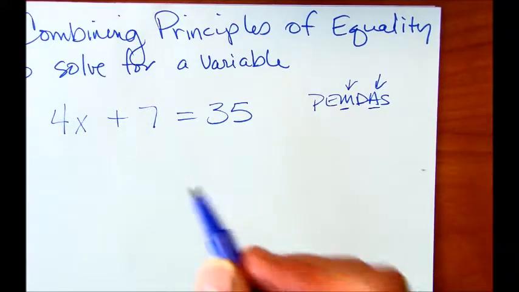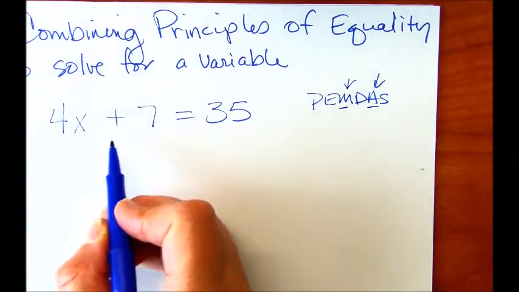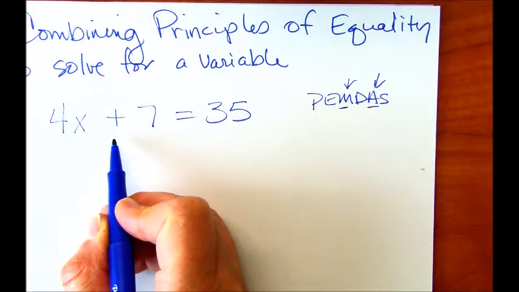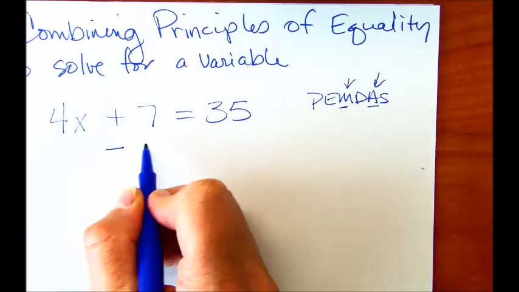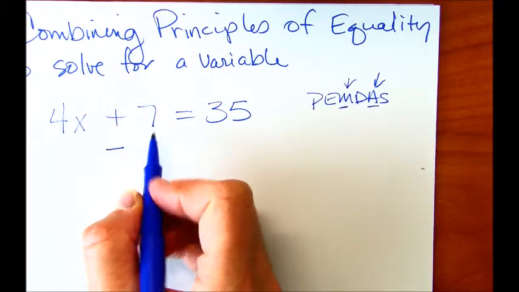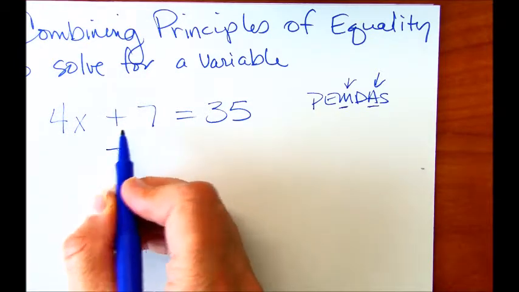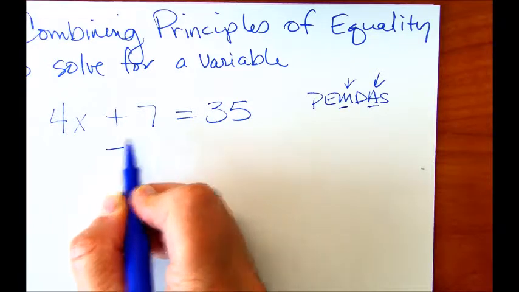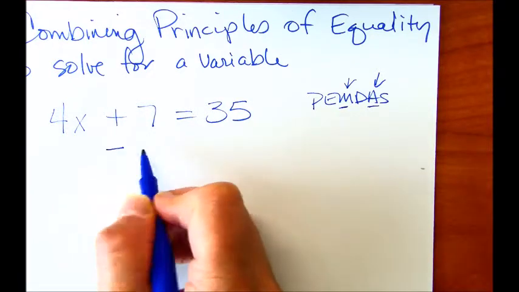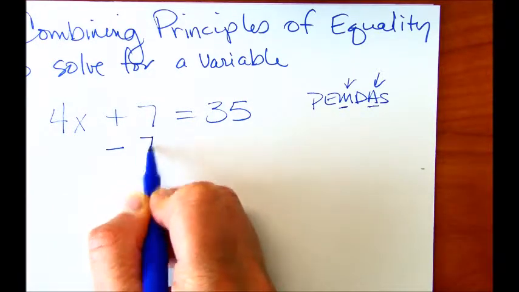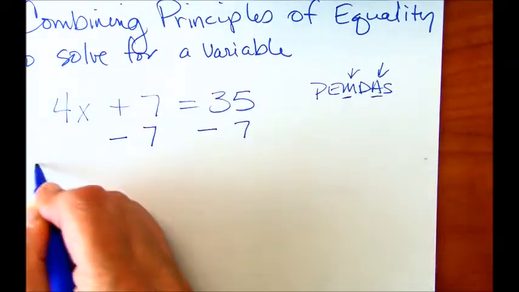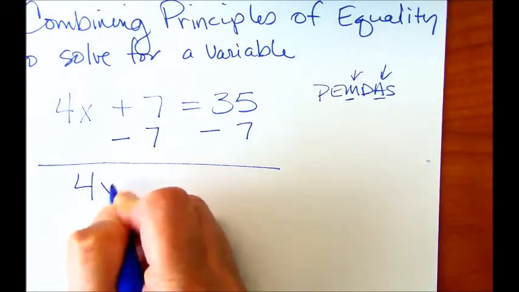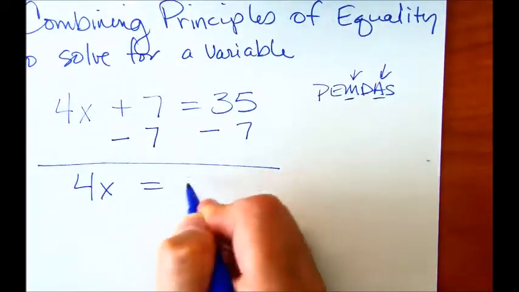So let's get rid of that 7 by moving it to the other side. We're going to do the opposite of addition. We're going to subtract, or you can add the opposite of positive 7, plus negative 7, but I'm just going to write it this way. I'm going to do the opposite of adding on both sides, and then I'm left with 4x equals 28.